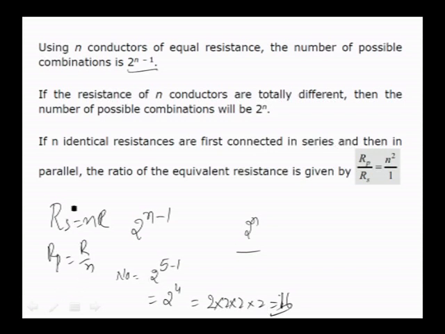If you take the ratio of these two, Rp divided by Rs, R by n divided by nR, cancelling, we get Rp divided by Rs is equal to 1 by n square.